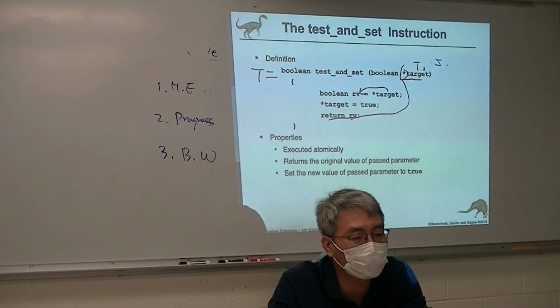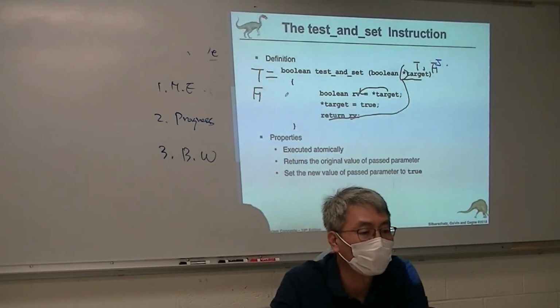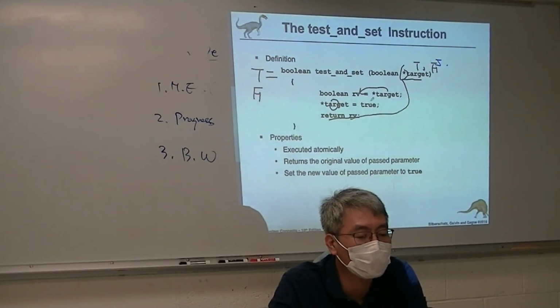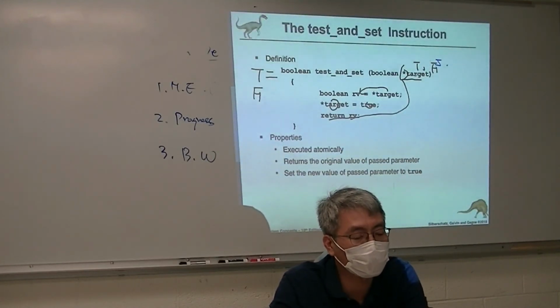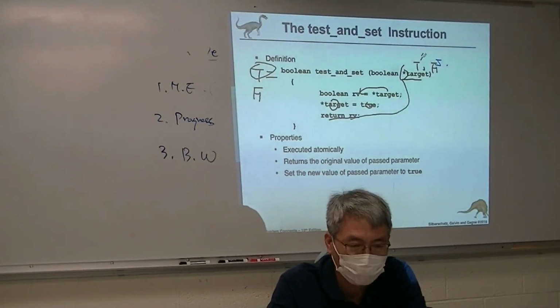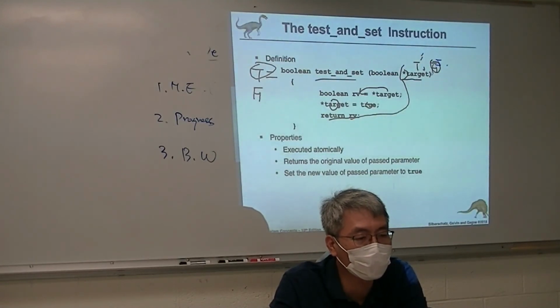If the input is false, the output is false. Then what happens inside? The target is always set to true. So if the input is true, the output is true, and the target is true. But in the case of false, the output of test and set is false, then the target is changed to what? True.